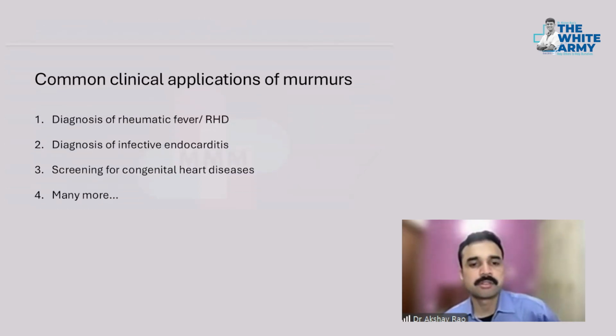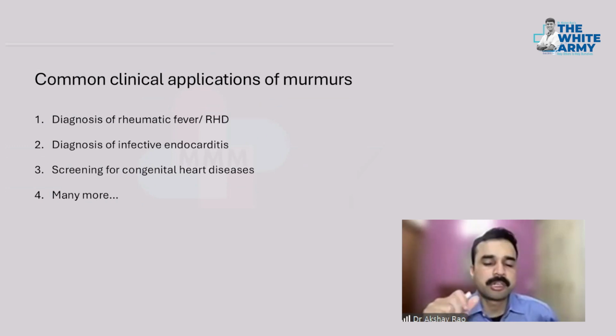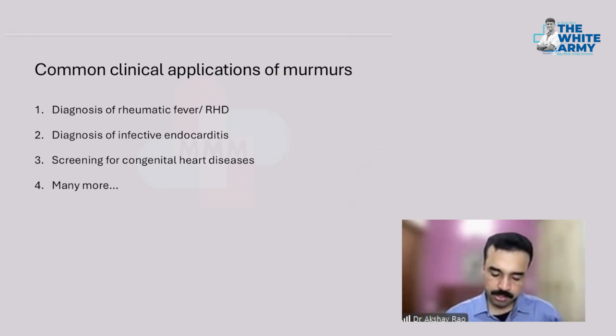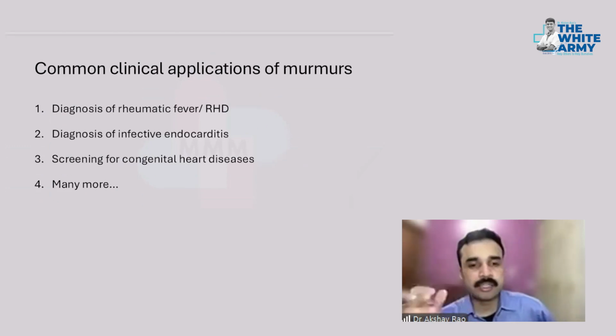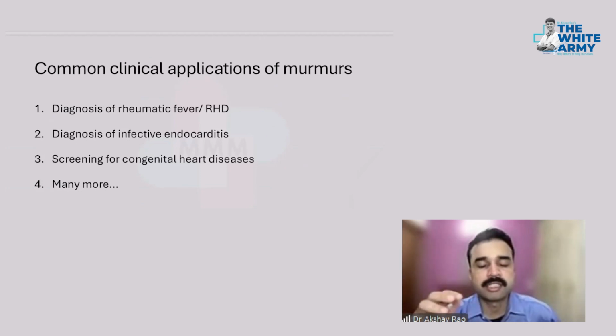Finally, murmurs are important from several points of view, including getting a diagnosis right and screening for congenital heart disease. There are times, especially in primary health centers, where murmurs have helped to detect an underlying VSD and underlying congenital heart disease.